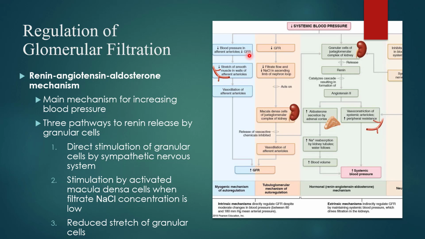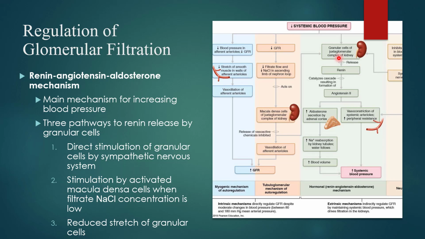The first pathway is what you call direct stimulation. I think there's actually one here. Direct stimulation of granular cells by the sympathetic nervous system. There you go, granular cells.